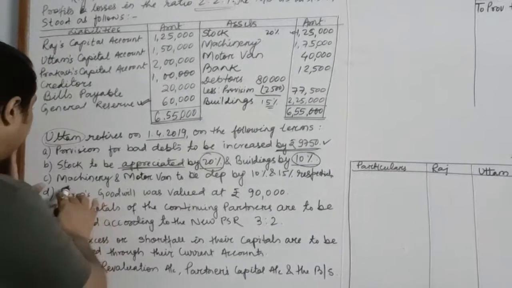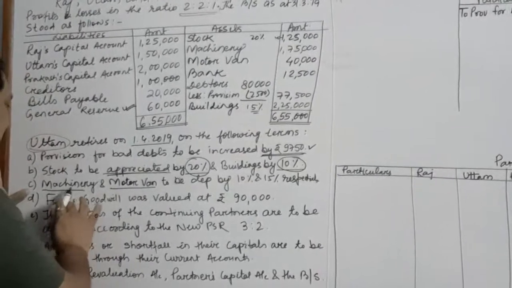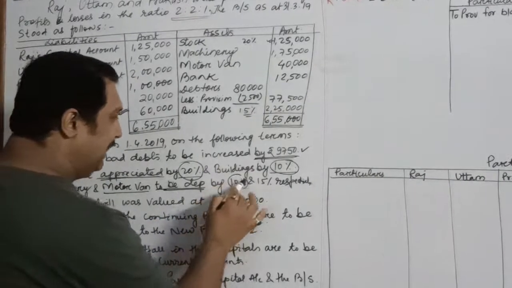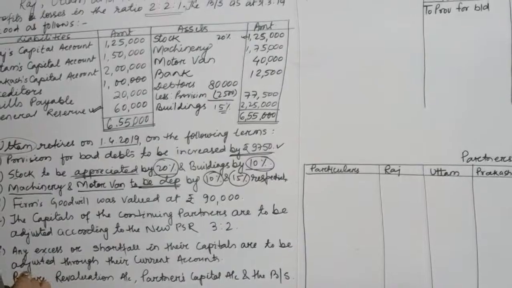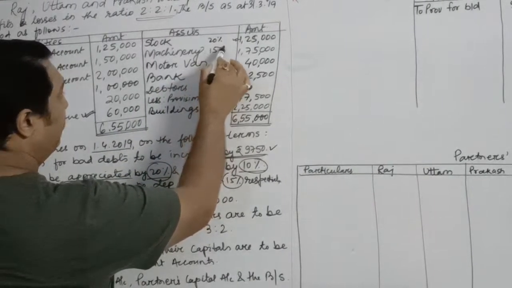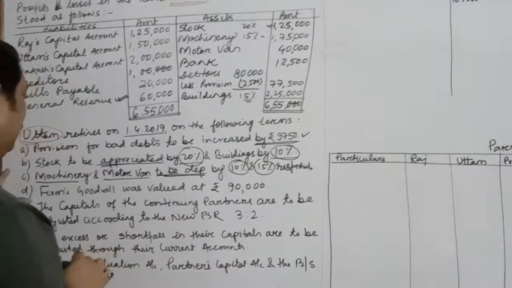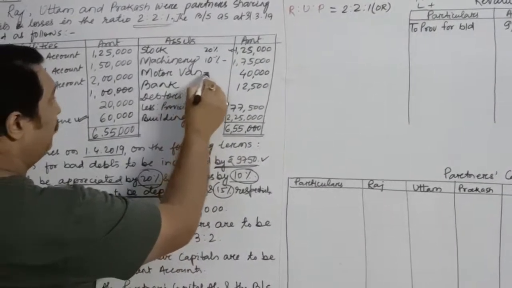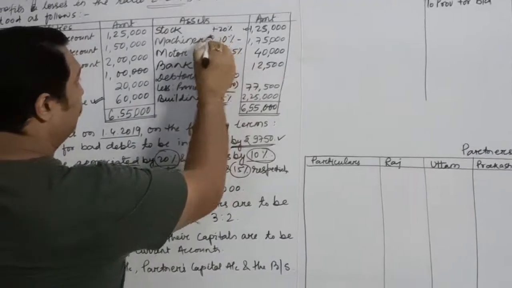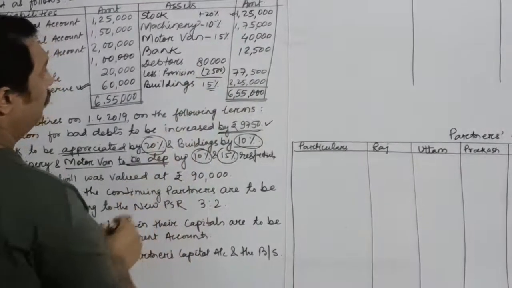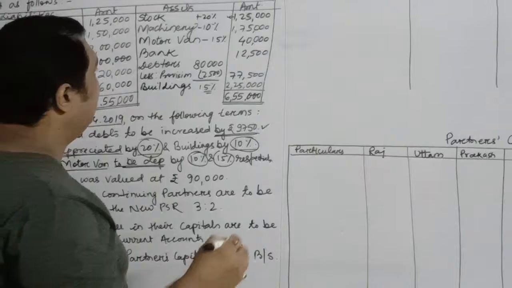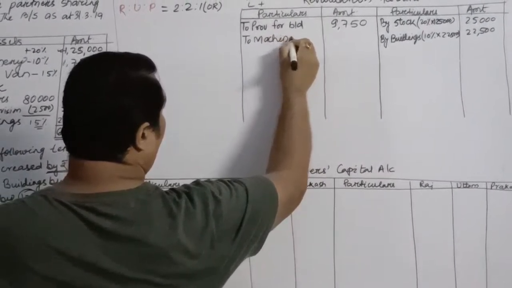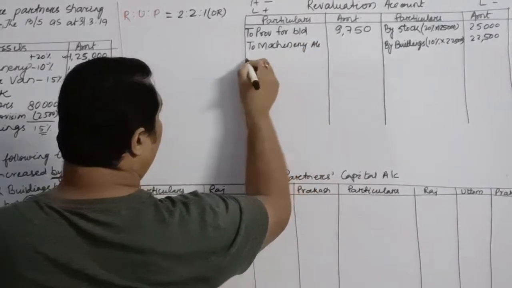Next adjustment is machinery and motor van. These are another two assets which are to be depreciated by 10% and 15% respectively. So we will write it on the debit side, to machinery account and to motor van.